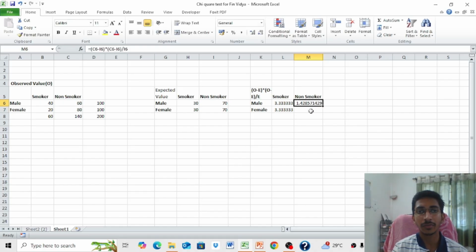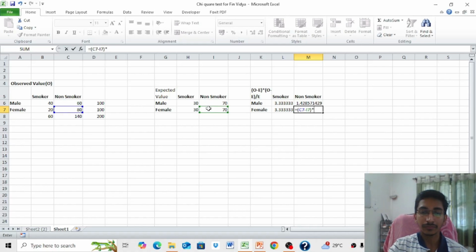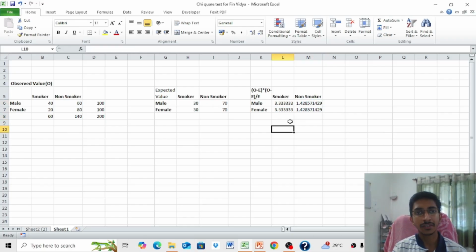And we know the same answer will be in the next cell, right. Done. So this is the value of our chi-square, right.